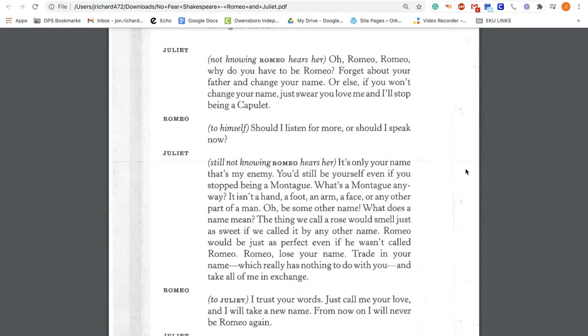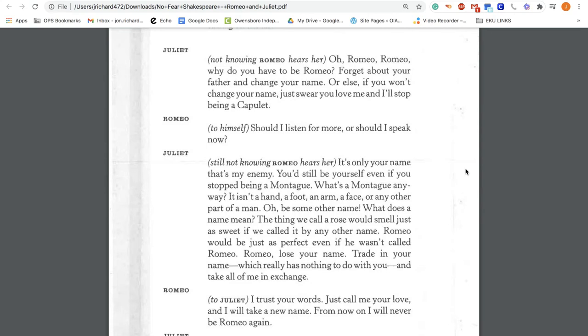It isn't a hand, a foot, an arm, a face, or any other part of a man. Oh, be some other name. What does a name mean? The thing we call a rose would smell just as sweet if we called it by any other name. Romeo would be just as perfect even if he wasn't called Romeo. Romeo, lose your name, trade in your name, which really has nothing to do with you, and take all of me in exchange.